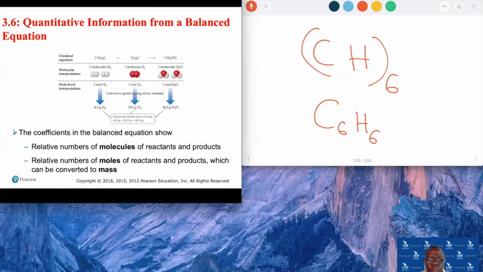It shows the relative amount, the relative number of molecules, of the reactants and products. We can now use the coefficient in the balanced equation to relate to what? To mass. We can convert the number of moles produced in a chemical reaction to mass.